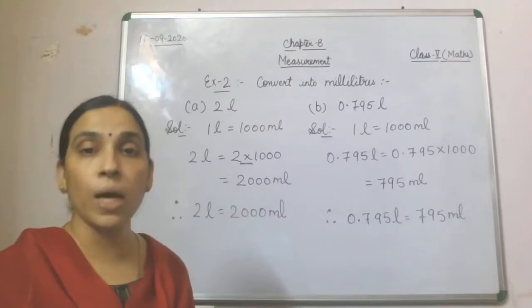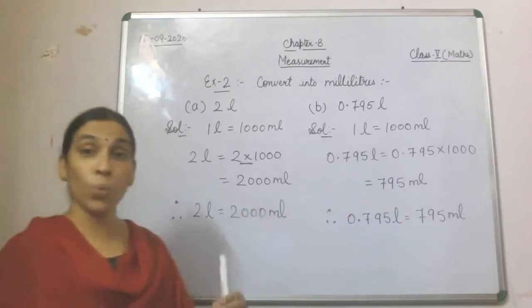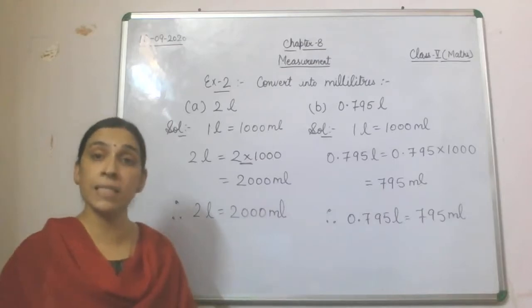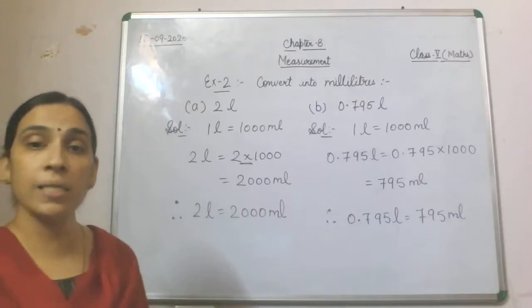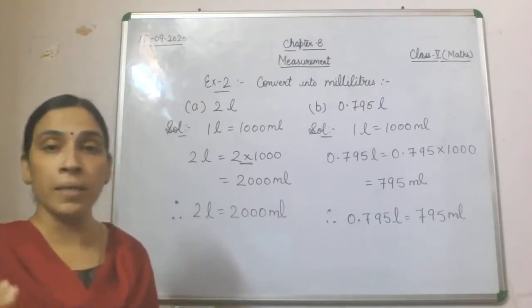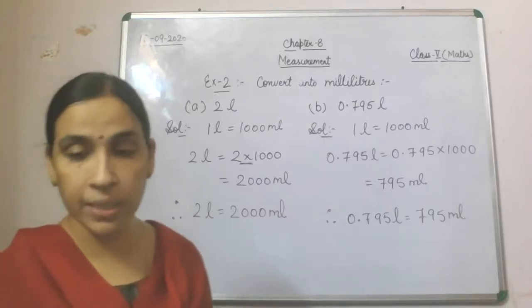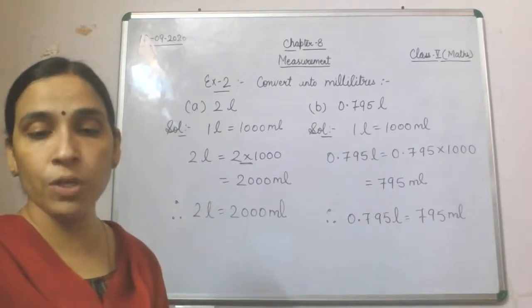So you will write 1 liter is equals to 1000 milliliter, and then 0.006 liters will be multiplied by 1000, and the answer which you will get will be in milliliters. Yes. So with this conversion you will do it.